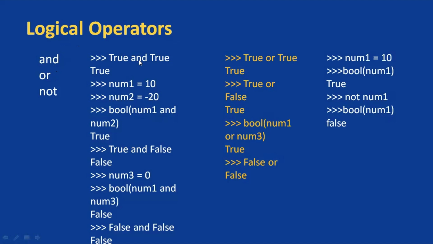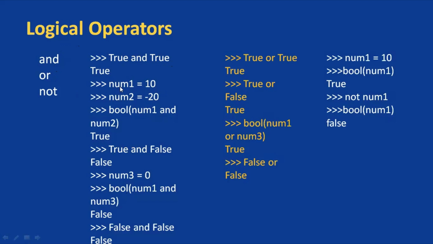Here I have given the code which is used in a small Python program. Here I will explain the function of AND. The logical AND works like this: if both the operands are true, then the condition becomes true. True and true means the result will be true.